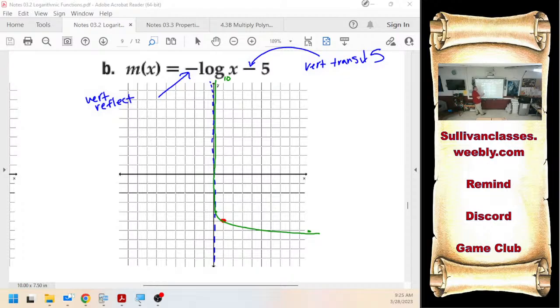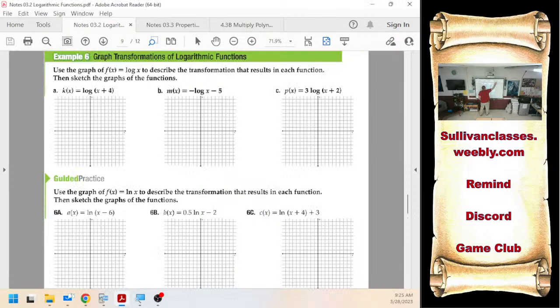Okay, so you tell me the transformations, you graph it. We have beat transformations to death. Let's do that one, and ooh, they're all LNs. I like that. Let's do the C's.